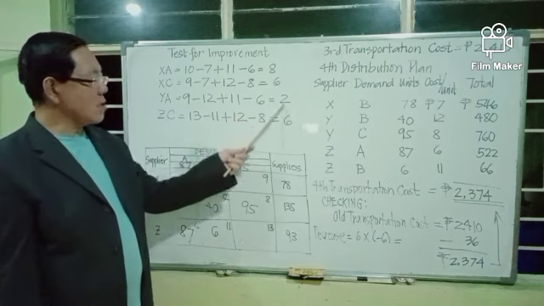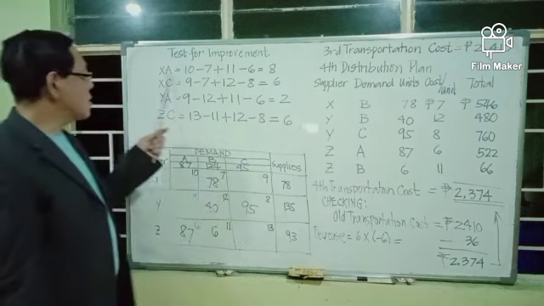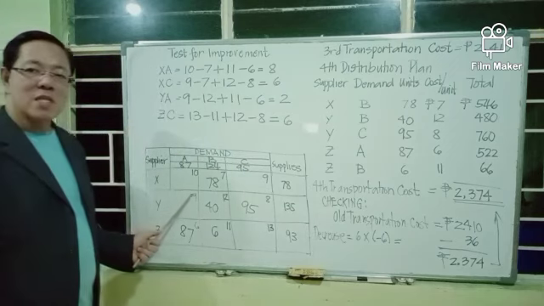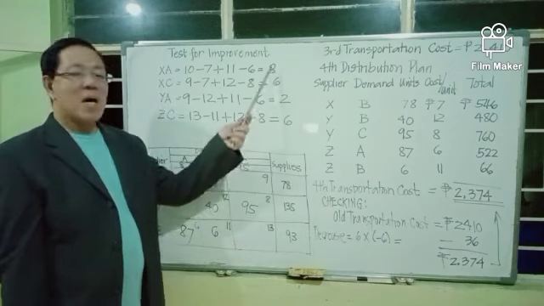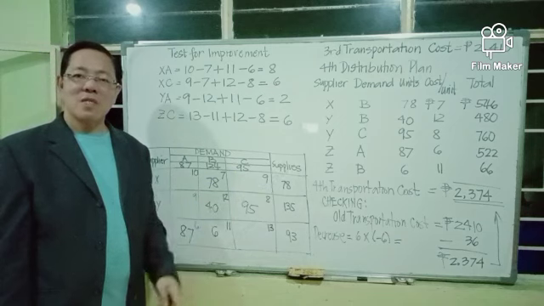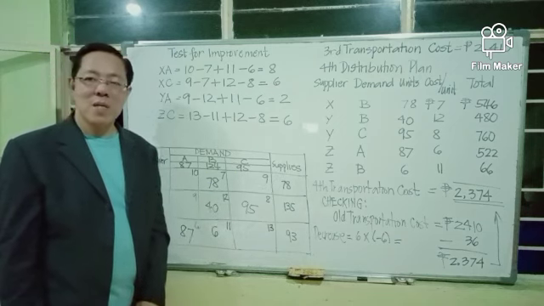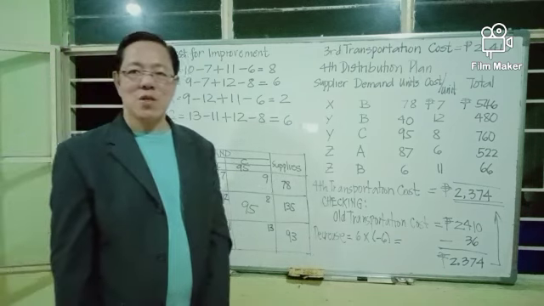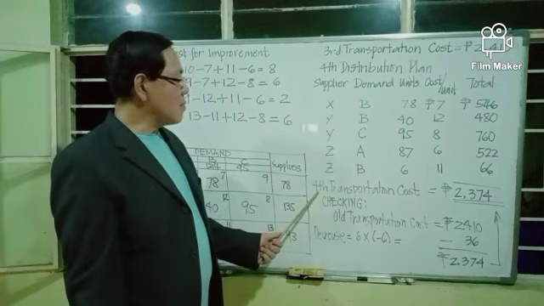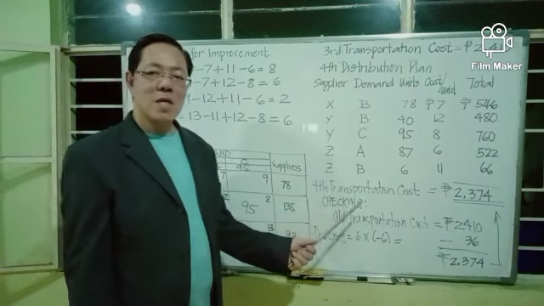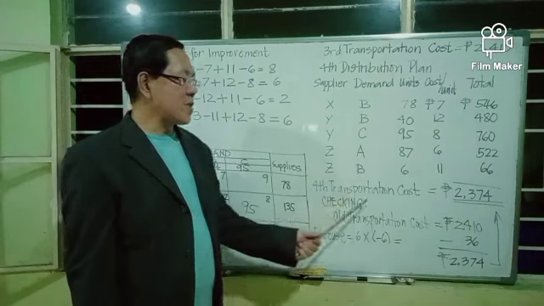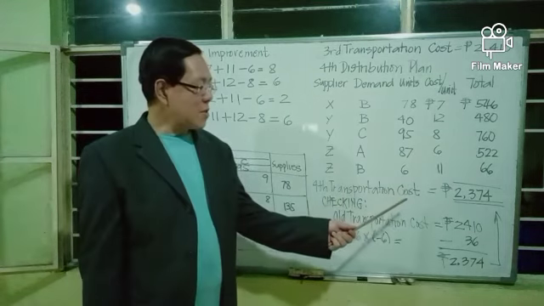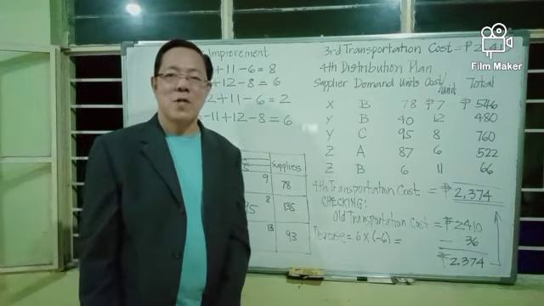Now, all the net cell costs for all the vacant cells in the fourth transportation table are positive. And this means that we have obtained the minimum transportation cost. The minimum transportation cost now is the fourth transportation cost, which is 2,374.